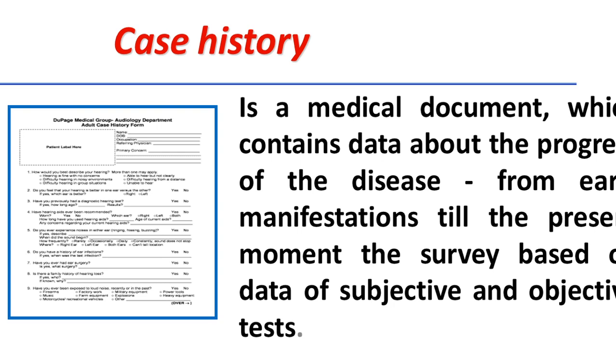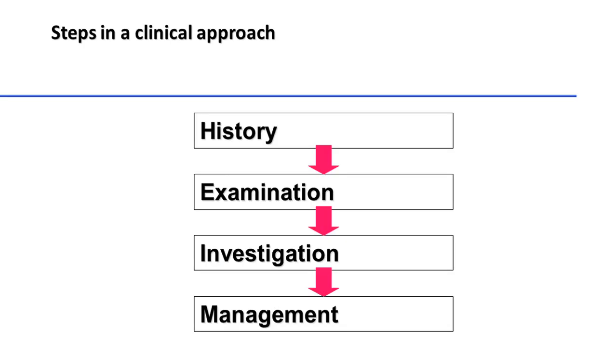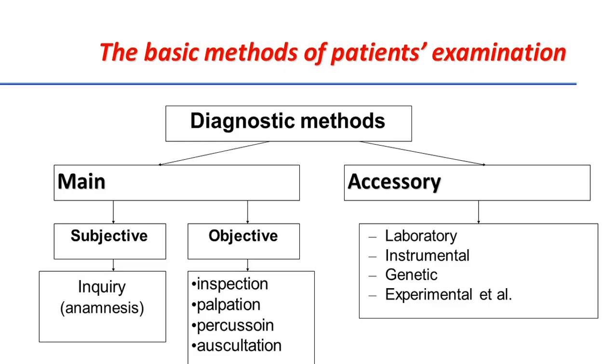Today we will study how to interview the patient and which parameters we should put into this case history document. There are clinical steps of clinical approach: of course, collecting the history of disease of the patient, doing examination, providing the investigation, and of course, last is management.